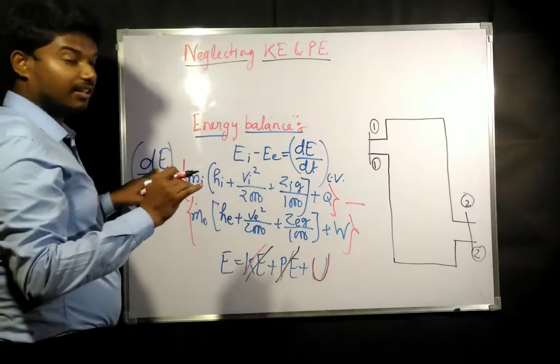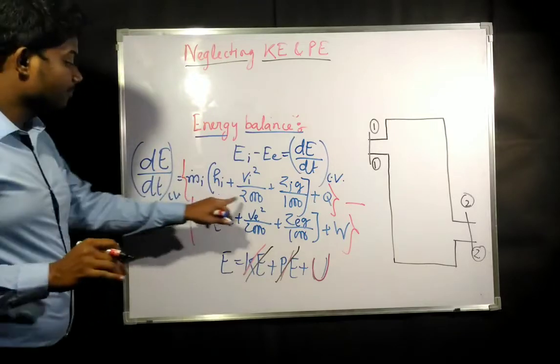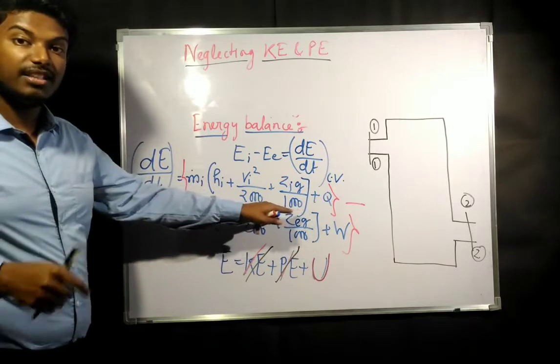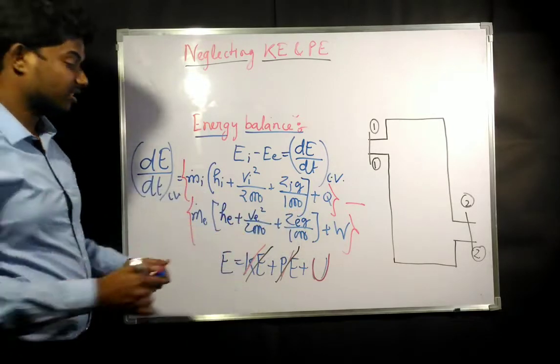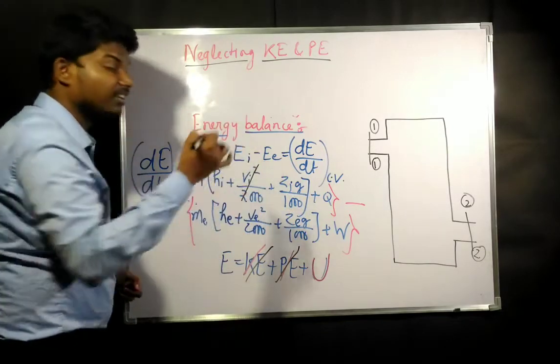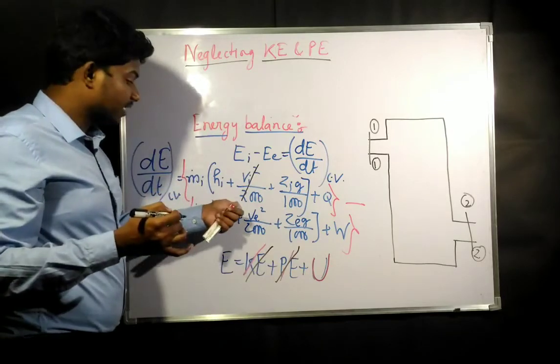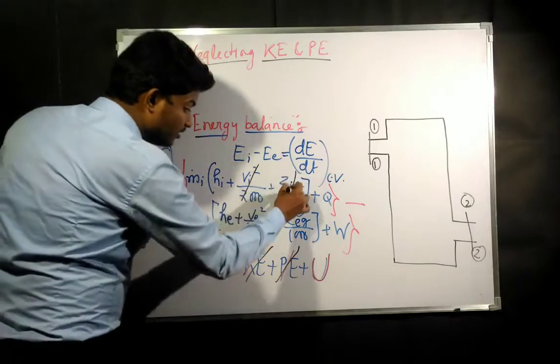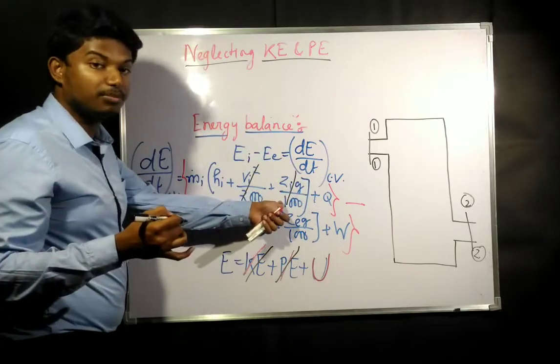Now again from this equation, what are the terms which signify the kinetic energy and potential energy? This term with velocity signifies the kinetic energy, so since it is neglected, this is going to become 0. This is also going to become 0, because this signifies potential energy.